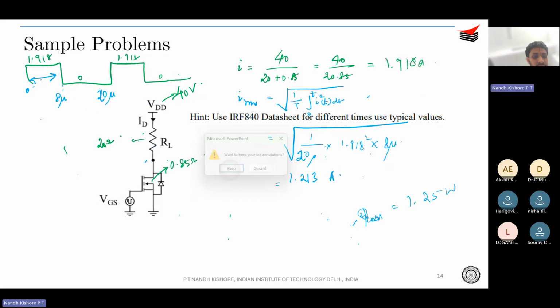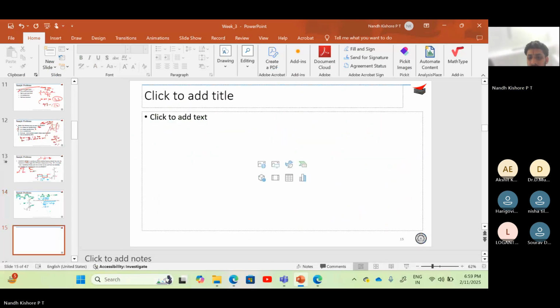And how do you compute your switching losses? Switching loss you might have learned. P switching is equal to 1 by 6 into V into I into TR plus TF. If you have any doubt as to how we got this formula, you can ask me right now, but I think it is well explained by Professor Umanand in his video lectures.